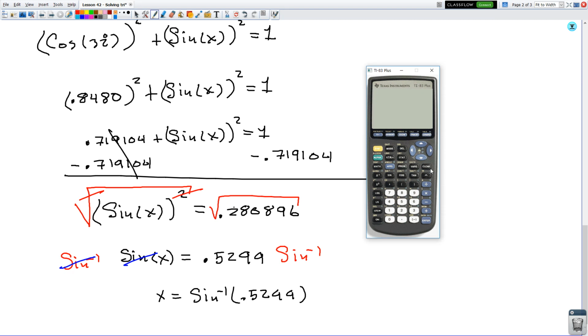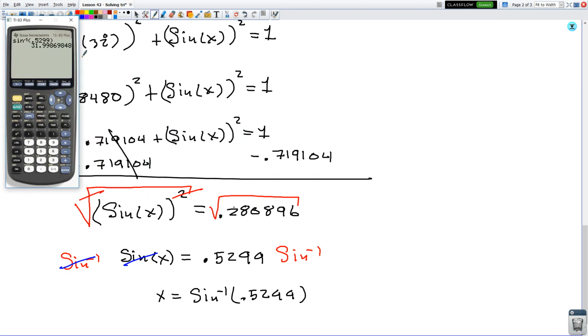The right side, we can find it in the calculator. So let's press clear. Now we press second, sine, 0.5299. Press clear, and there's our answer here. It says that x is equal to 31.998.